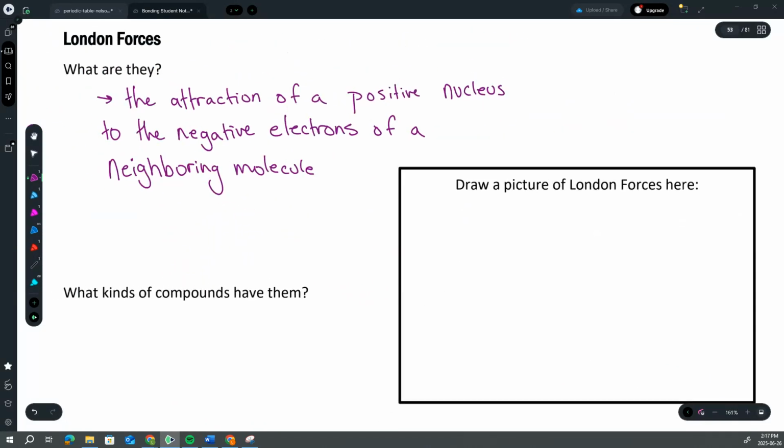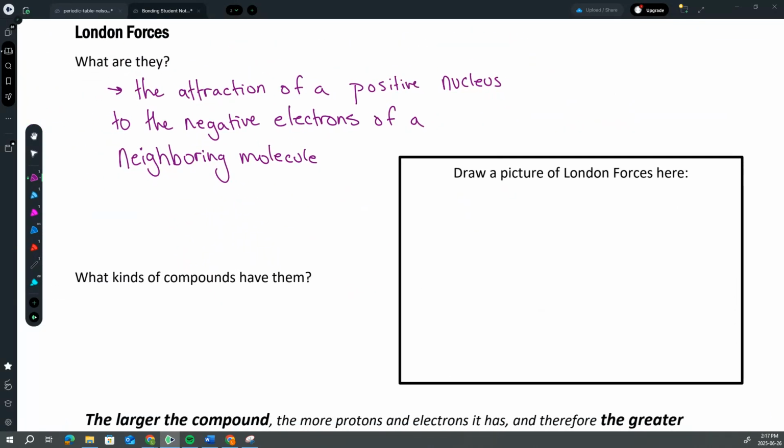Okay, so if we were to draw a picture of what London forces look like, first of all, I'll start off with my nuclei. So we're talking about two different molecules here. We have a certain amount of protons and a certain amount of neutrons in both of these. And I'm not specifying the amount because this isn't element specific. This applies to everything. Okay, so we have the electrons from this atom, or molecule, I should say.